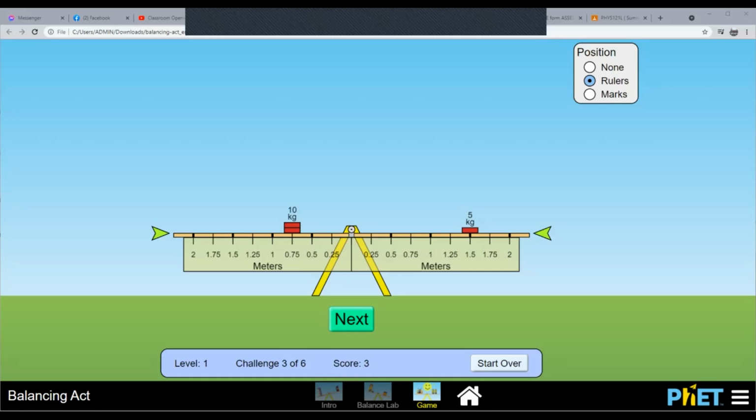Babagsak. Unbalance po. Alin ang babagsak? Itong nasa kaliwa po. Okay, so yung left side. So anong ibig sabihin nun? Dahil in-increase natin yung 10 kilogram na ginawa nating 20 kilogram, what does it mean in terms of the balance condition?